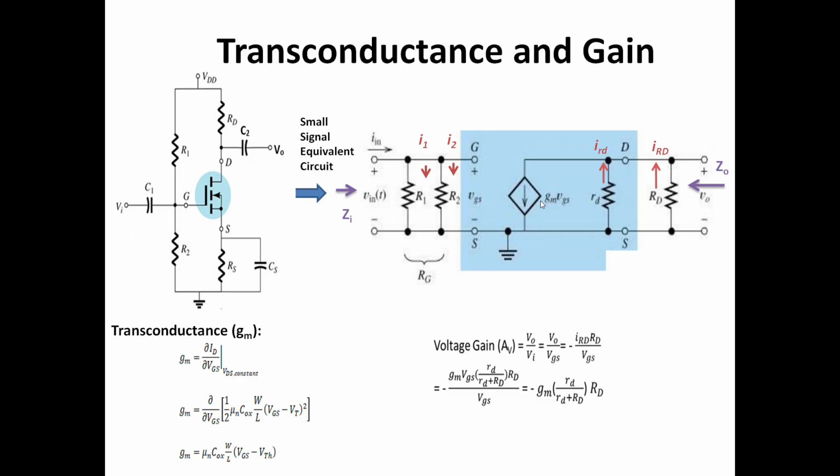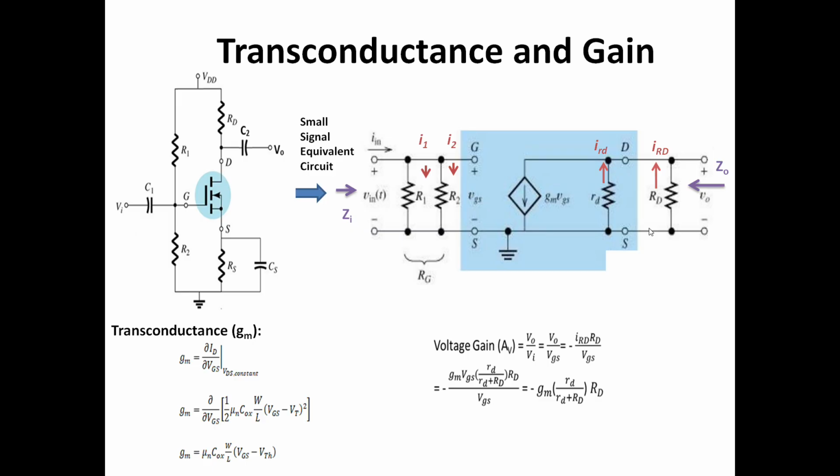So we can say gmVGS equals I smaller rd plus I capital RD. Now from this we can find out how much current is passing through capital RD with respect to the total current gmVGS. So the current passing through capital RD is gmVGS into smaller rd by (smaller rd plus capital RD).